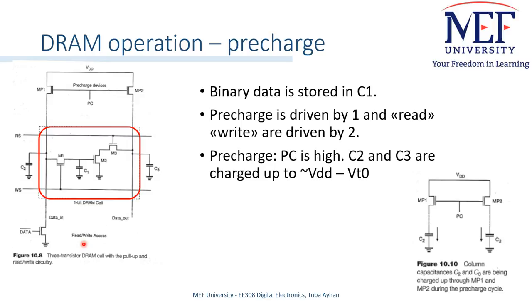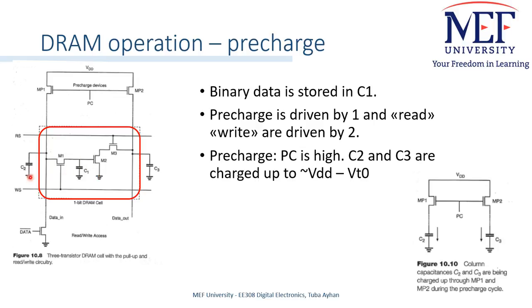Let's look at the operation of the 3-transistor DRAM cell. Here you see a DRAM cell with 3 transistors with precharge circuitry and data in circuitry. The storage transistor M2 is turned on or off depending on the charge stored in C1.